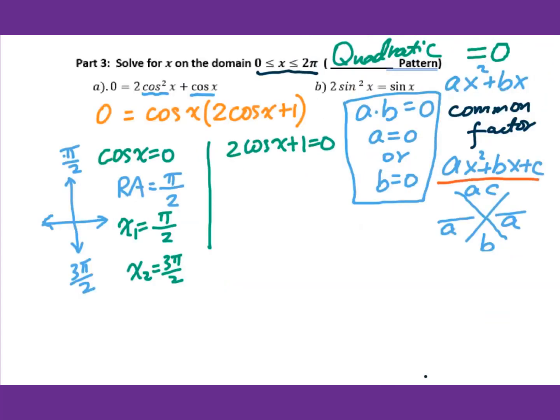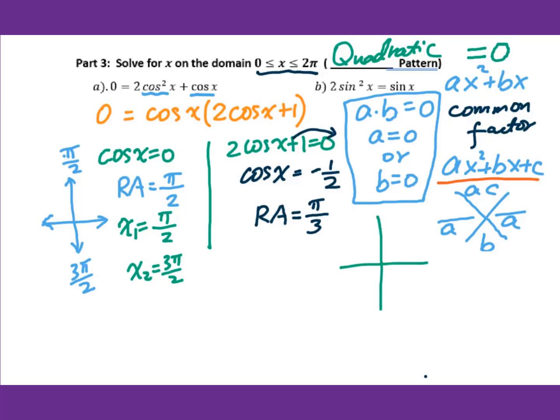Now let's go to 2 times cosine x plus 1 equal to 0. It's a linear pattern, that's why I isolate the cosine x. You will get -1 over 2, because subtract 1 from both sides and divide by 2. The reference angle is pi over 3.